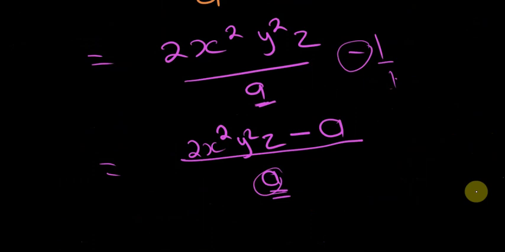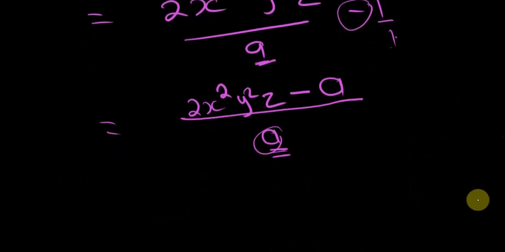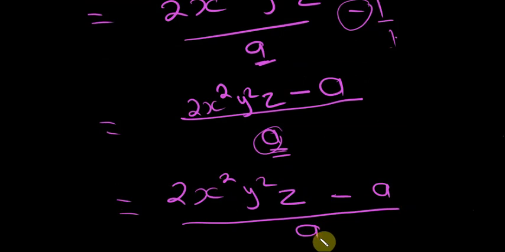Okay, cool. So this is the final answer: 2x squared y squared z minus a all over a.